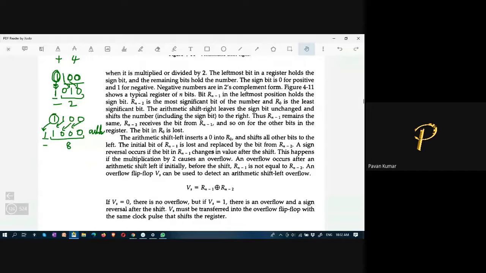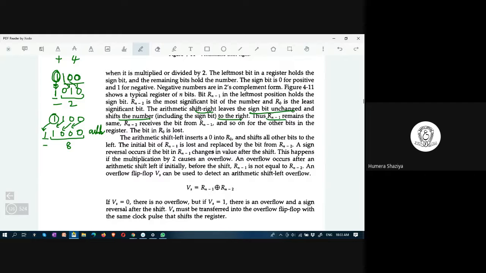Now do we have to divide that by 2? No, we don't have to divide by 2. The result will give you 2. This shifting operation would give you 2. We don't have to do anything. The arithmetic shift left leaves the sign bit unchanged and shifts the number to the left.